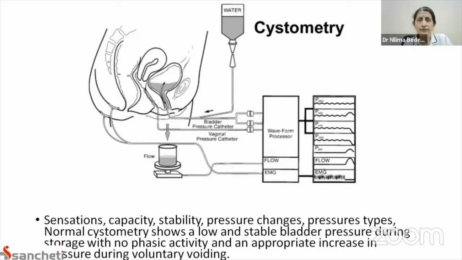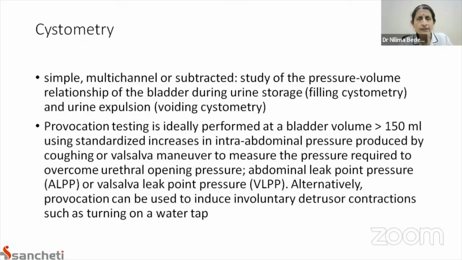So for maximum sensation, the person will say, now I cannot tolerate any more fluid in my bladder. So that is the functional capacity of the person which is tested. Still, they try to fill in more to check the physiological capacity. But to some degree, it may or may not be possible to go further. The person is asked to note the appropriate increase in the pressure during this time.